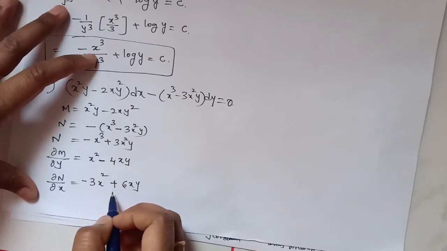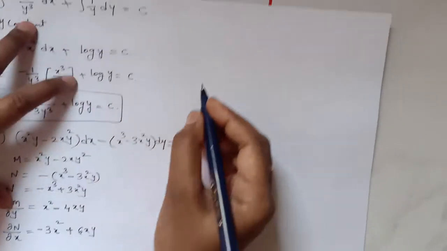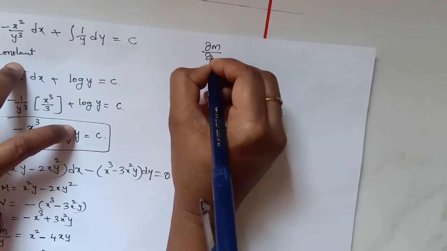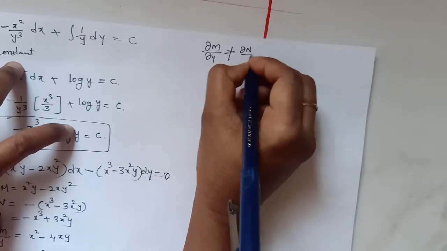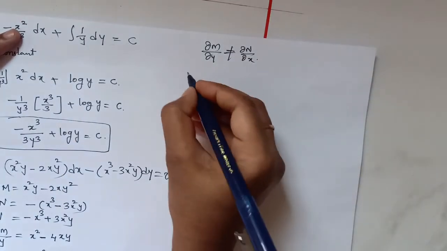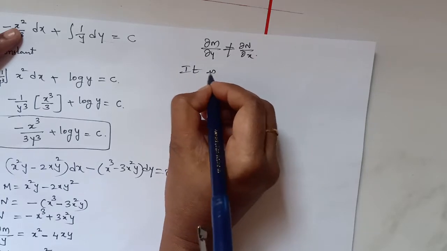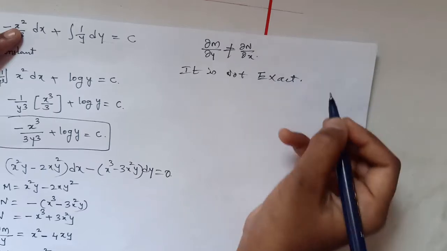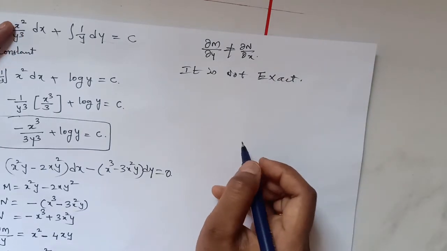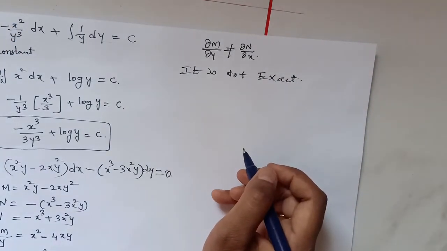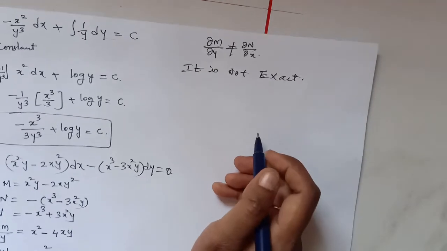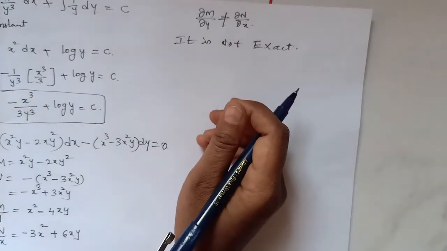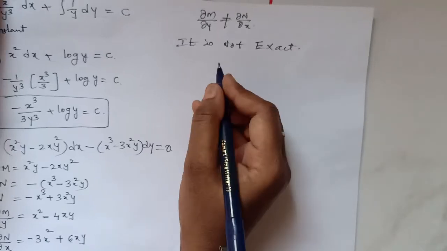Dou m by dou y and dou n by dou x are not equal. Therefore, it is not an exact differential equation.